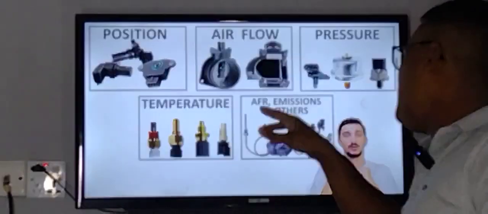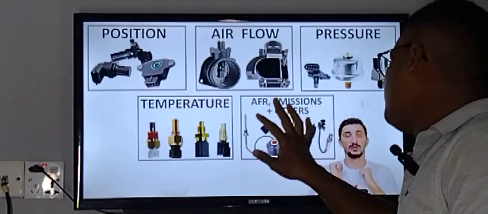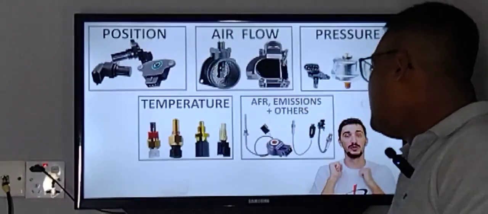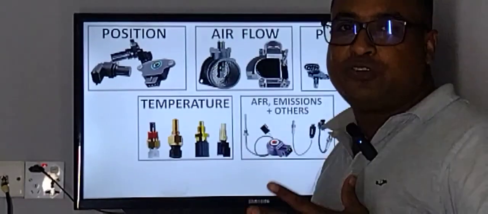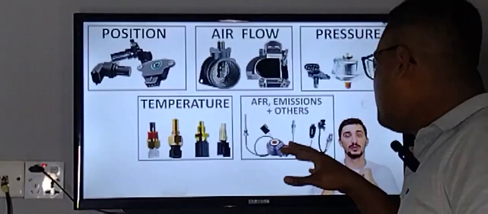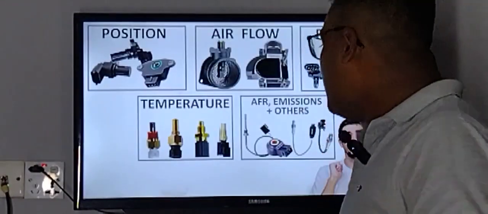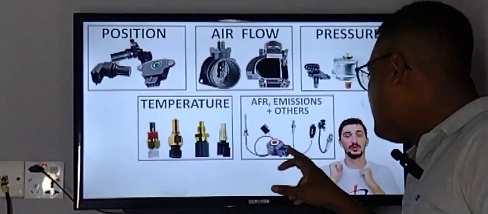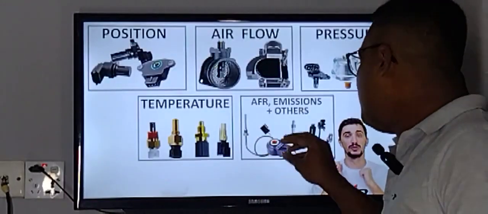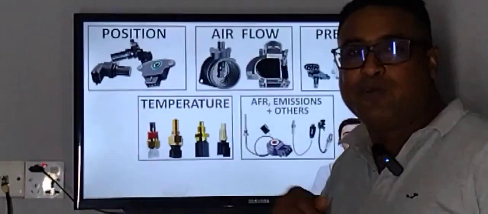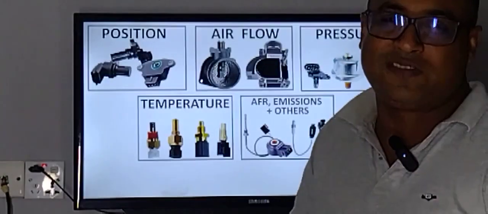Then you find the AFR, emission and a few other sensors, which control the nature, pollution and engine noise. And the NOx sensor, you can find one NOx sensor. Sometimes if this NOx sensor has a problem, when you crank the engine it will not start.